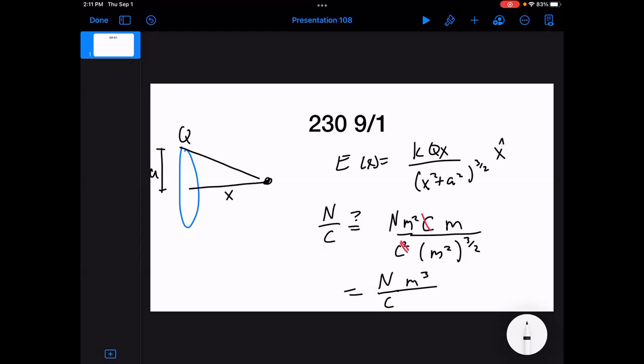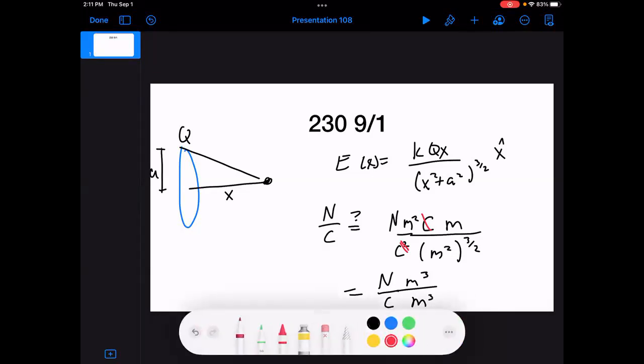And so what is a meter squared to the 3/2? Cubed is correct. Excellent. Good exponenting, guys. And so my meters cancel out as well. And that is wonderful because now my units are correct. And so at the very least, we can say that this equation isn't wrong to start out with.